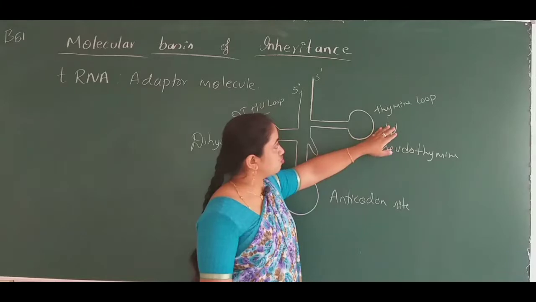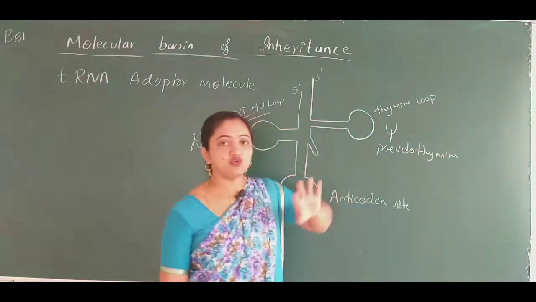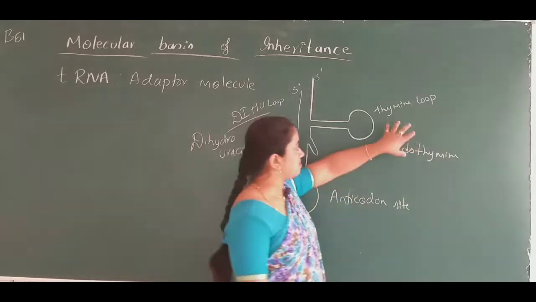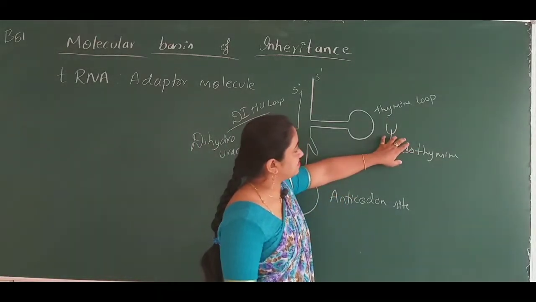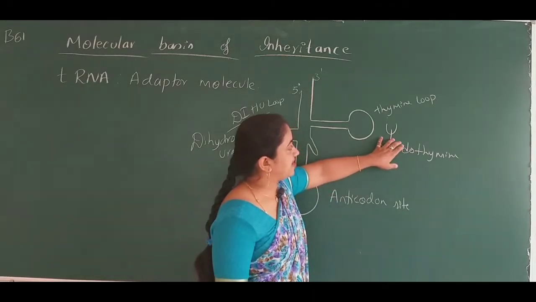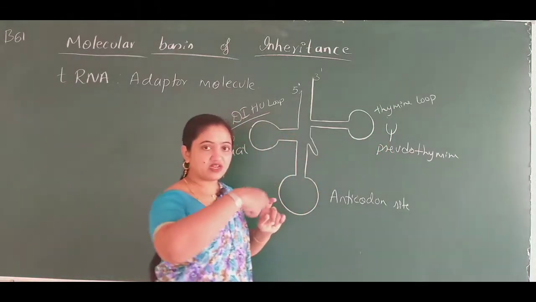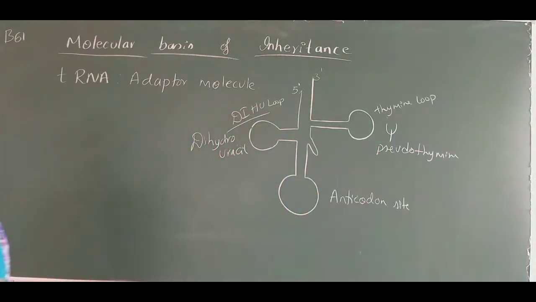That thymine loop consists of a modified nucleotide, which can be represented by writing U and putting one dash.